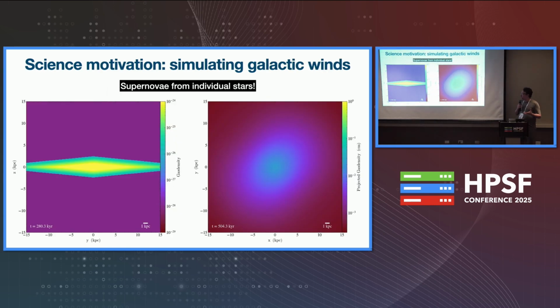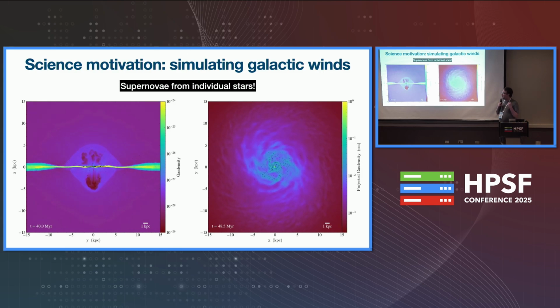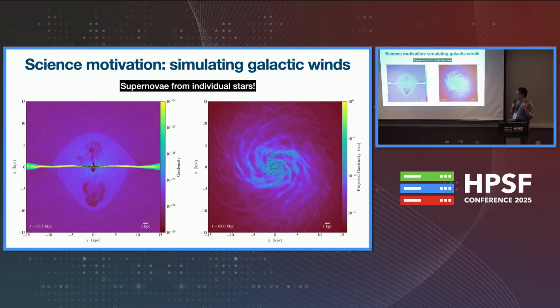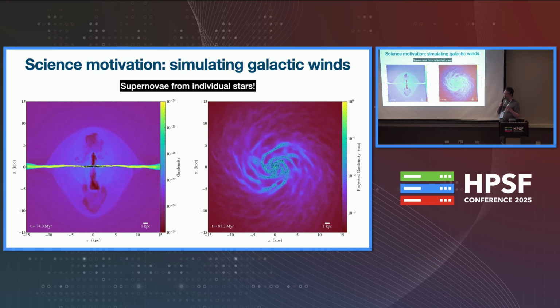The other science motivation that we really care about is simulating whole galaxies. We're not simulating the formation of stars, but we're saying there's some idealized initial condition for the galaxy. We're simulating all the dark matter in the halo surrounding the galaxy. And then once we have a mass that's Jeans unstable, it collapses and we create a star particle.